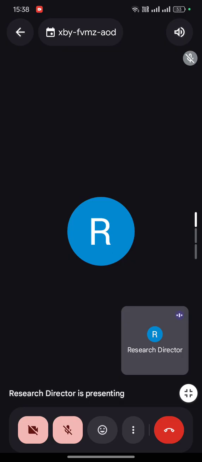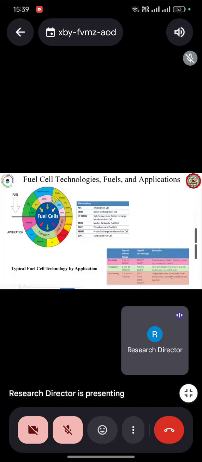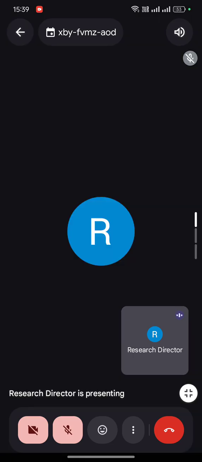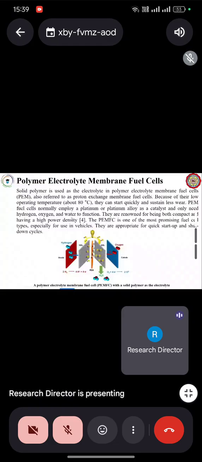PEM fuel cells normally employ platinum or a platinum alloy as a catalyst, so that the reaction will be fast, and only need hydrogen, oxygen, and water to function. Okay, only three things. They are renowned for being both compact and having a high power density. The PEMFC is one of the most promising fuel cell types, especially for use in vehicles. They are appropriate for quick startup and shutdown cycles.